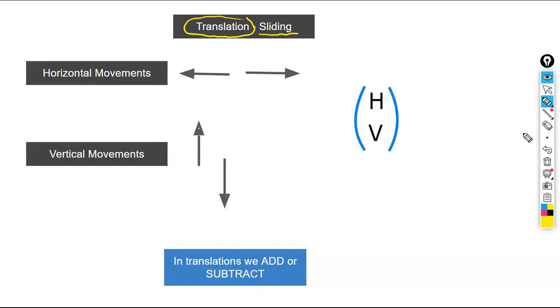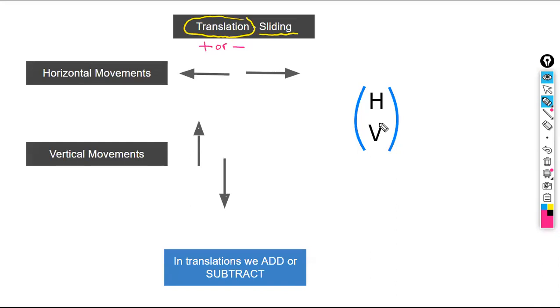So whenever you hear translations, it only deals with addition or subtraction. So I just always tell students the translation part of transformations is the easy part. And anytime you see a translation question come, smile, because it's one of the easiest questions you will ever do.